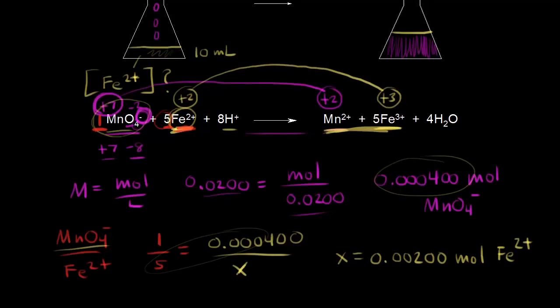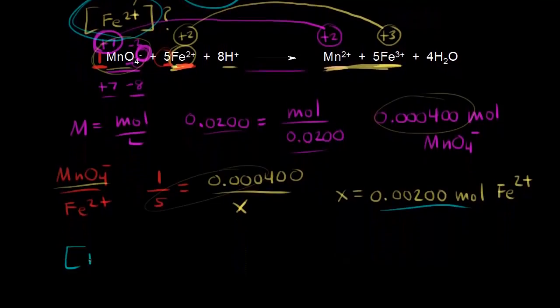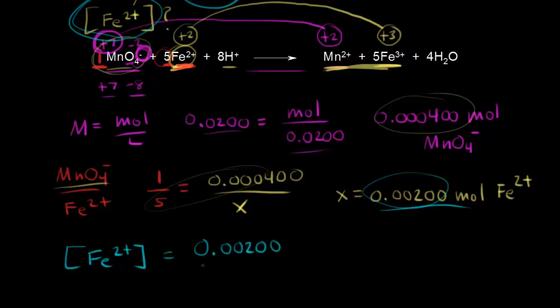All right, so we're almost done because our goal was to find the concentration of iron 2+ cations. And now we have moles and we know the original volume, which was 10 milliliters. So to solve for the concentration of iron 2+, we just take how many moles of iron 2+ we had, which is 0.002. So we have 0.002 moles of iron 2+.